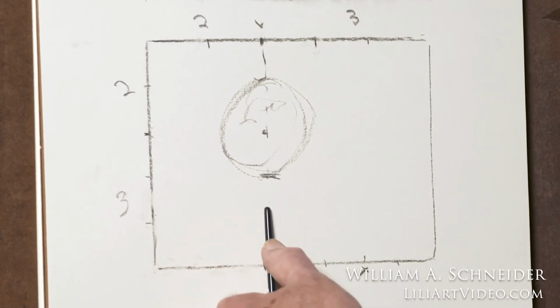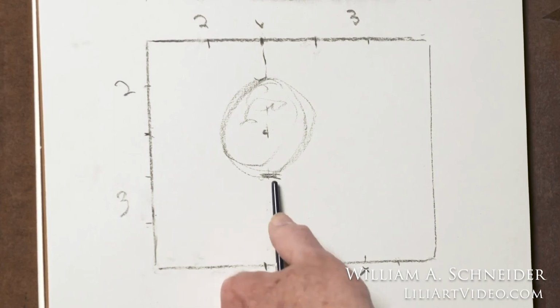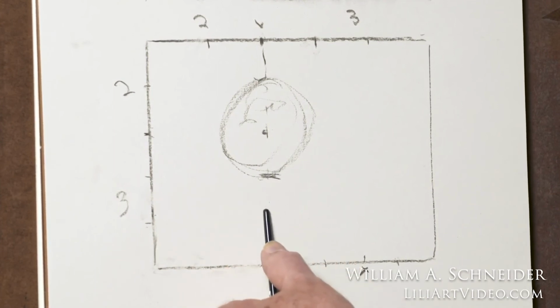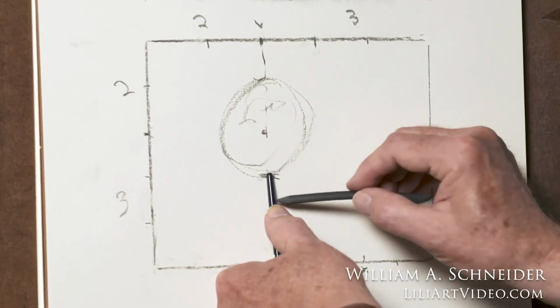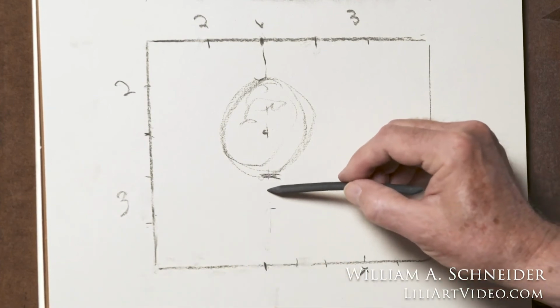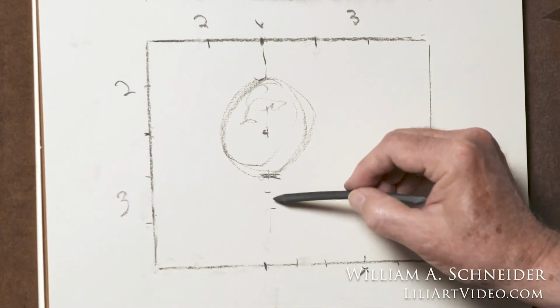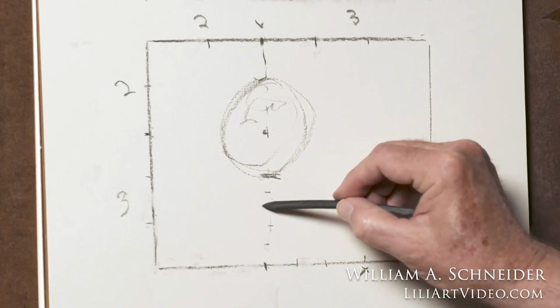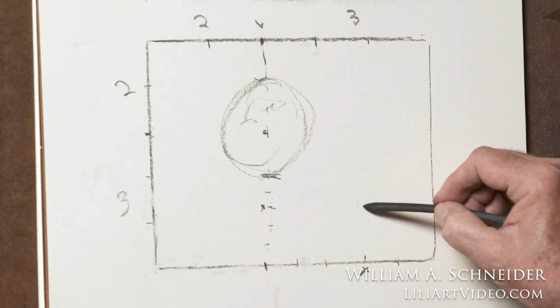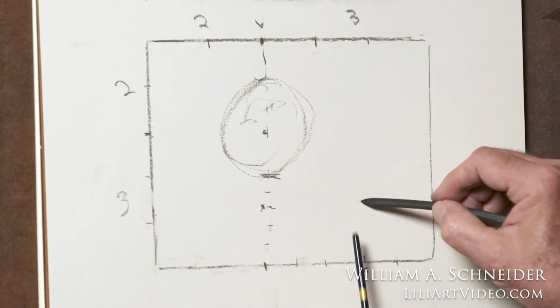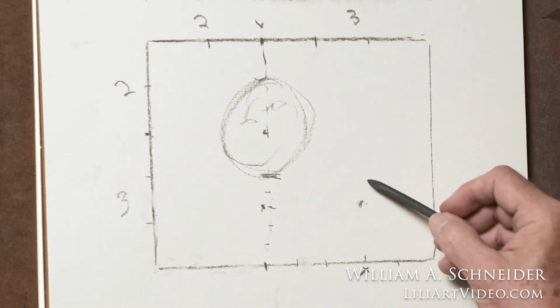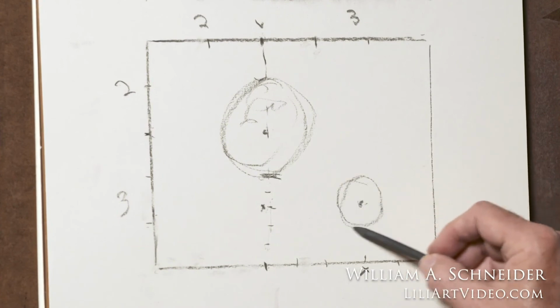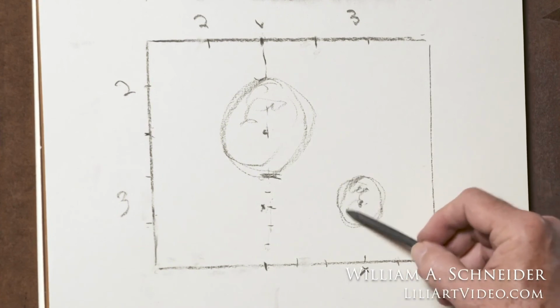So there's 1, a hair smaller. So dividing this, 1, 2, 1, 2, 3, and intersecting it over here. So I could put another center of interest at this point. And then I could keep on dividing the picture plane.